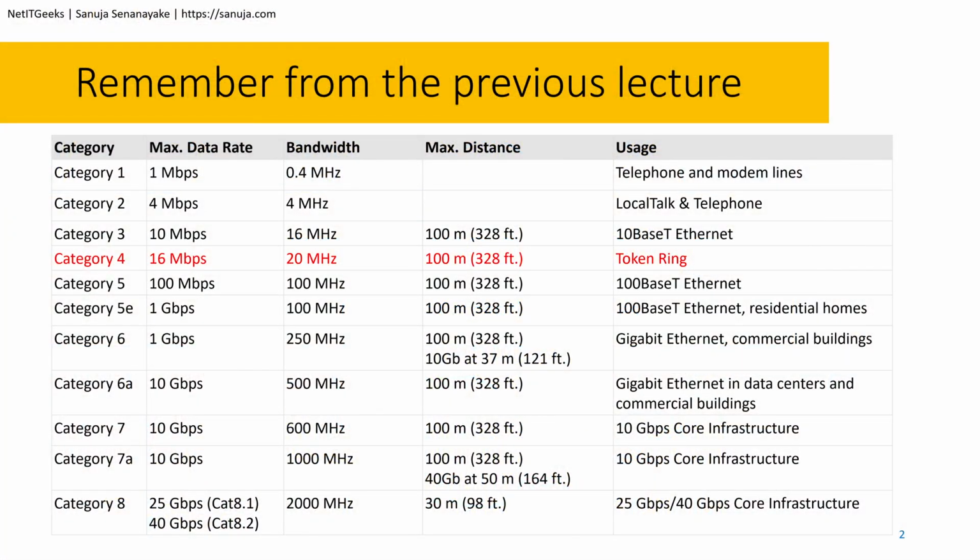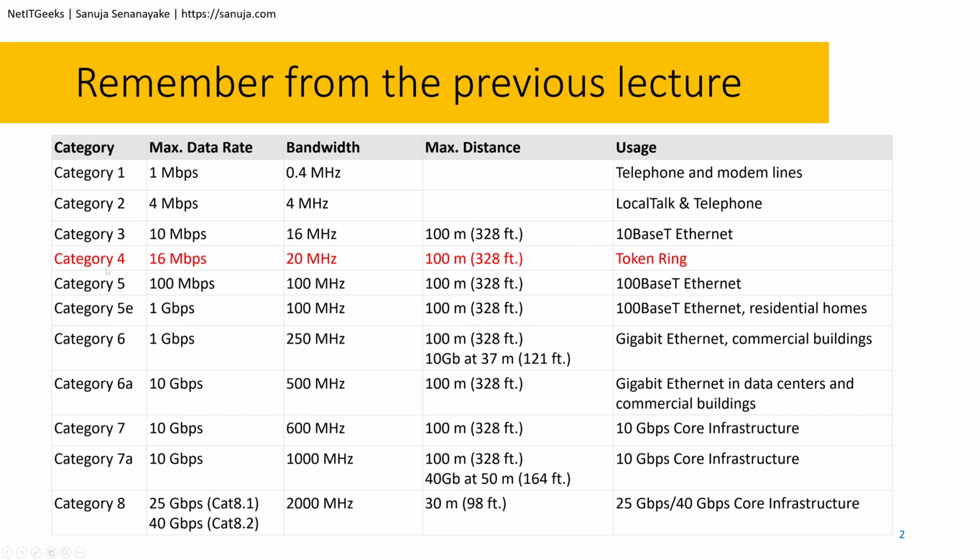Remember from the previous lecture that I introduced you to the categorization of cables. Those include Cat 1 going all the way up to Cat 8, and in the future there will be more categories added to it. I mentioned that Category 1, 2, and 3 are mostly used in the telecommunication industry, but at the Category 3 level, 10BASE-T Ethernet came into effect, which gives us about a 10 megabit per second data rate.